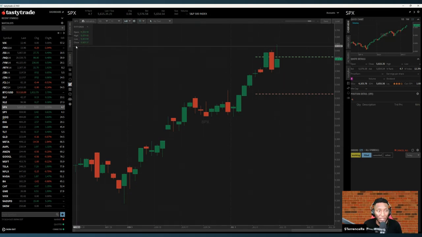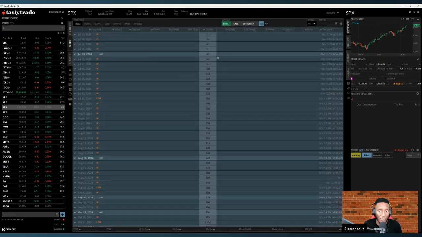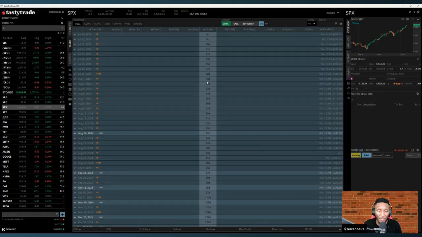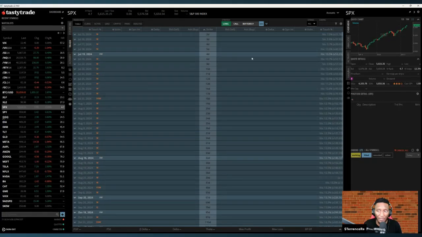Now I'll go ahead and adjust it for the upcoming week. I would not use this one, because even though it says the 19th, the last day to trade this particular monthly would be on Thursday. So we're gonna use the 19th right here, the weekly, which is giving us an expected move of 52.11.